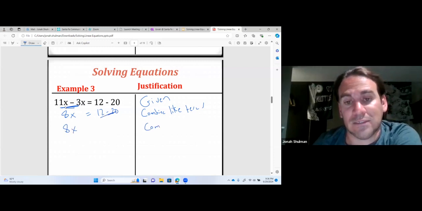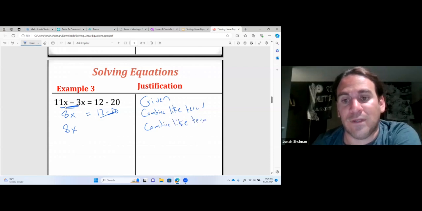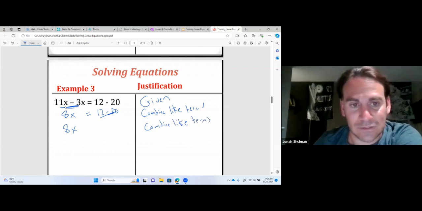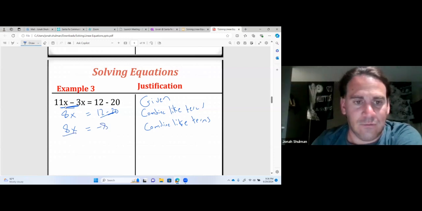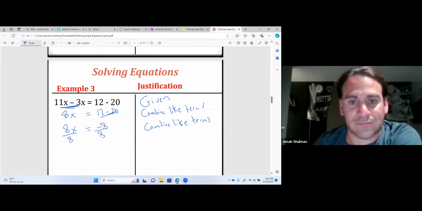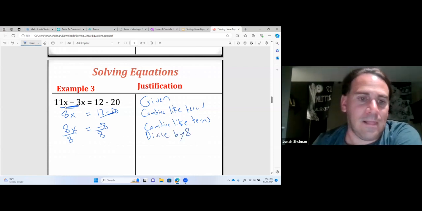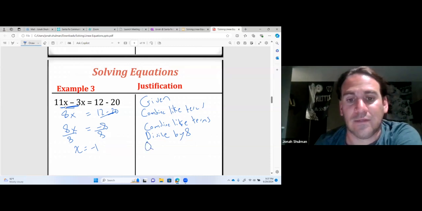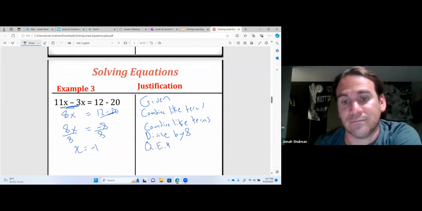So we're combining like terms again. We can combine them because these are x's and these are numbers. So that's 12 minus 20 is negative 8. We divide by 8 on both sides. And we're left with x equals negative 1, as it's been demonstrated.